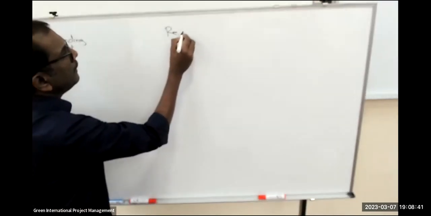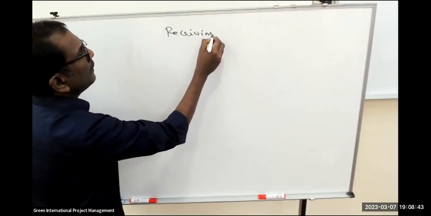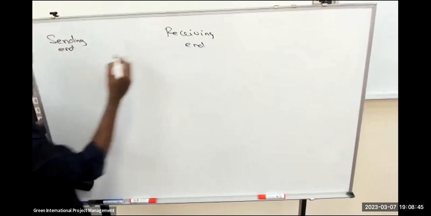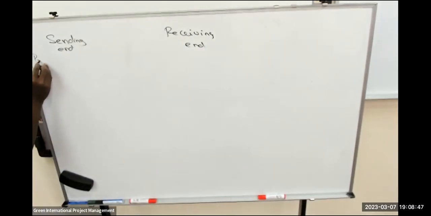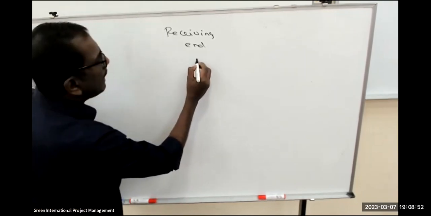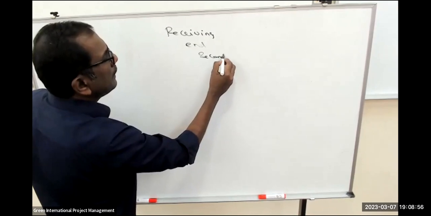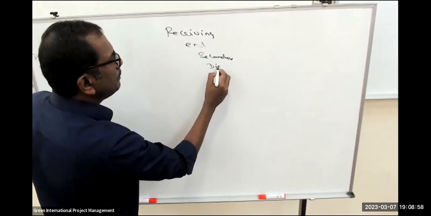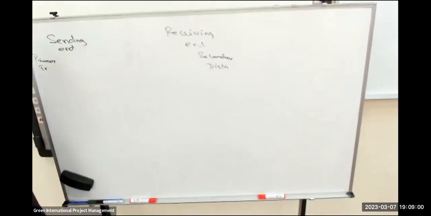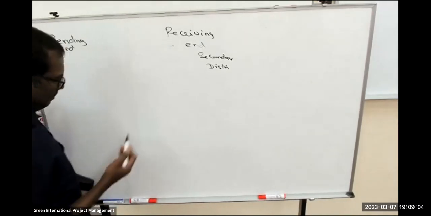Here we have the sending end, and here we have the receiving end. In general, the sending end we call the primary transmission system, and the receiving end the secondary distribution. And here we lay the conductor.